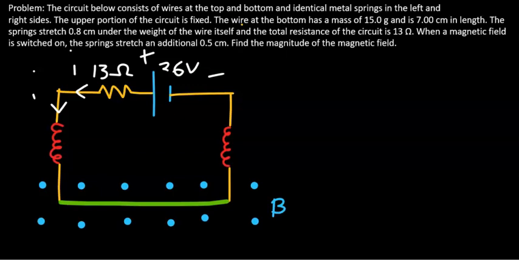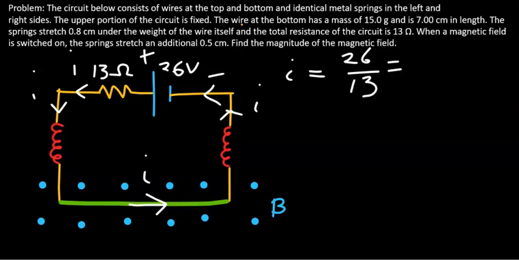So throughout that bottom wire, the direction of the current is rightward, and it completes the circuit like that. Let's first determine the magnitude of the current. According to Ohm's law, it is the EMF 26 volt over the total resistance of the circuit, 13 ohm, and that is 2 ampere.